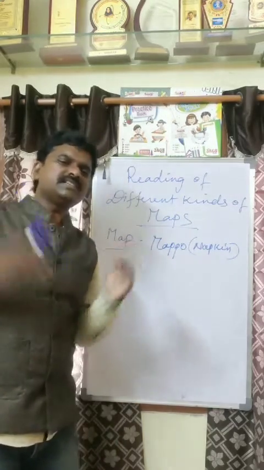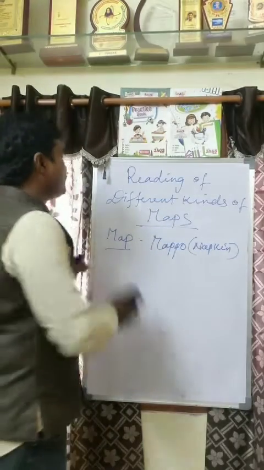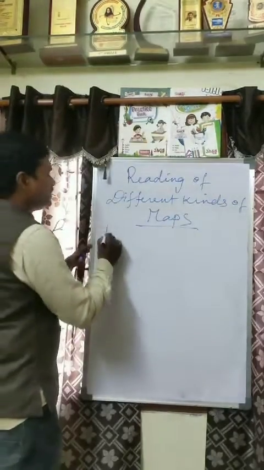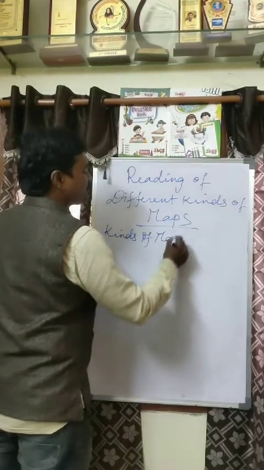So dear students, in this particular lesson, we are going to see what are the different types of maps we have. Very important information. Here I am writing about the kinds of maps.